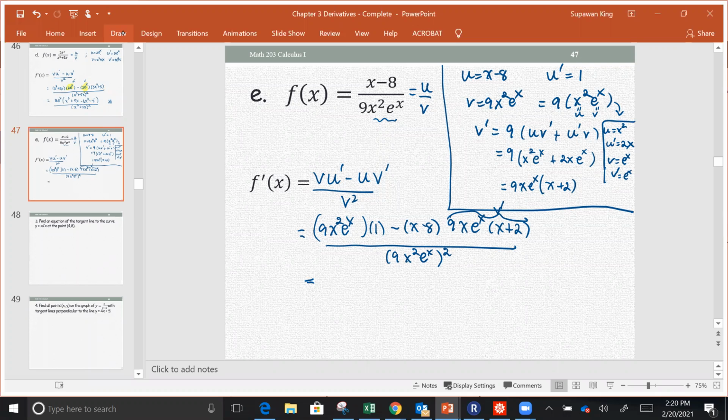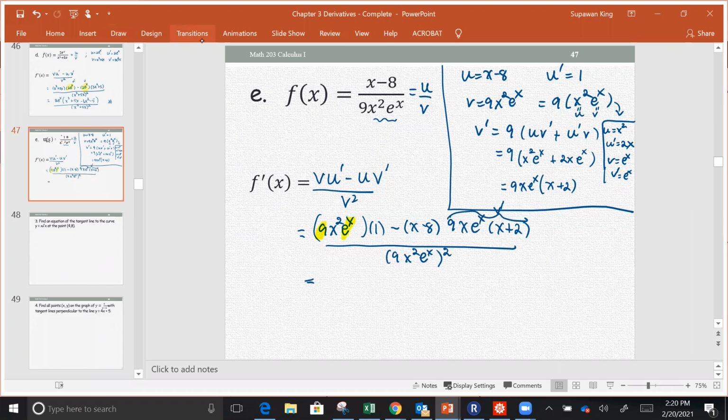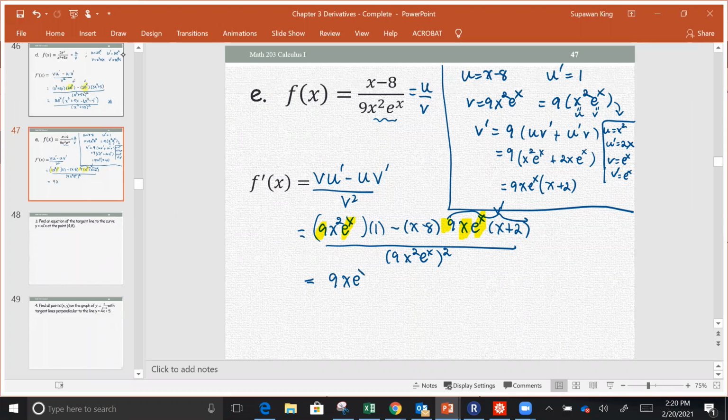In the numerator, we see the common factor, 9 e to the x, and the power 1 of x. So we use 9x e to the x as a common factor.